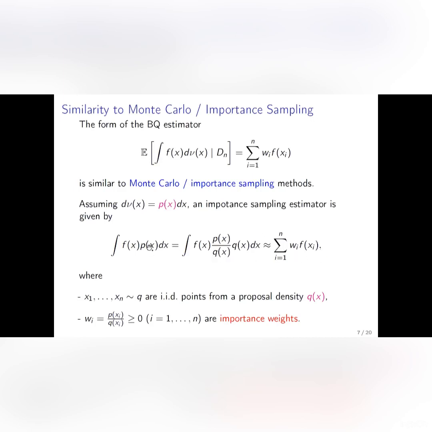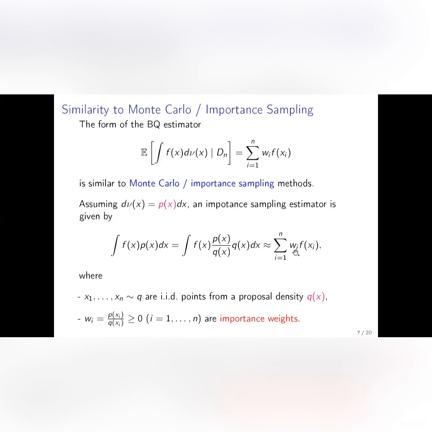Using another density here, you can rewrite this in terms of the ratio of the two densities, and this can be approximated in this way. Being Monte Carlo, you generate the x_i from this proposal density in an IID manner.